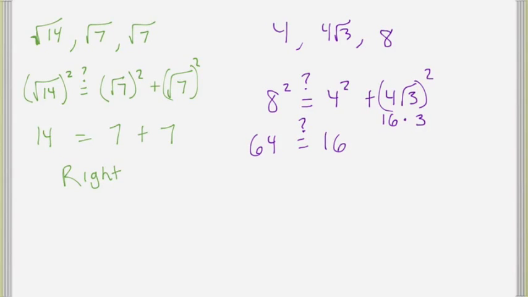Square both parts. So we square 4 and we get 16. I square the square root of 3 and we have what happened in the previous problem, where squaring the square root just goes away. 16 times 3 is 48. And 16 plus 48 is 64. So it works, which means that's a right triangle.